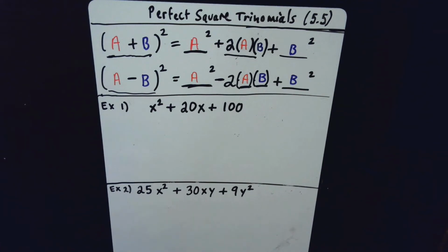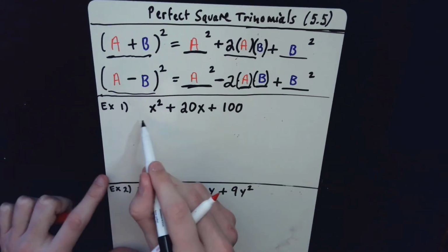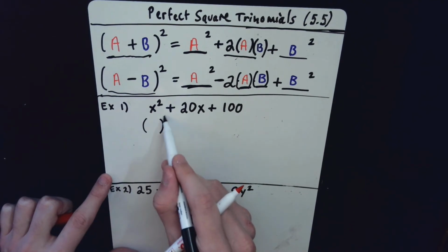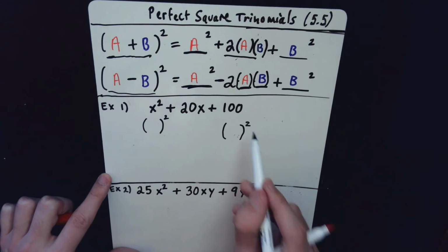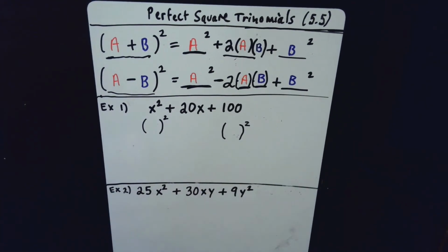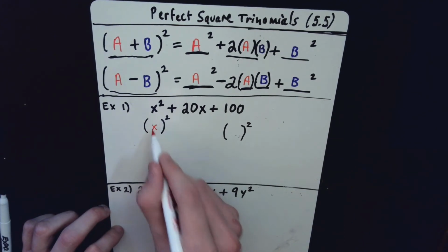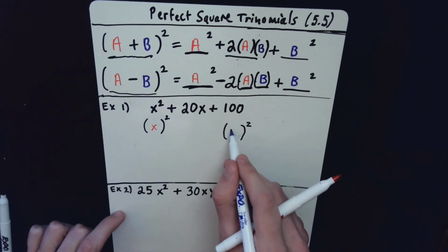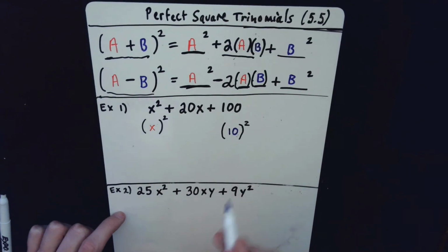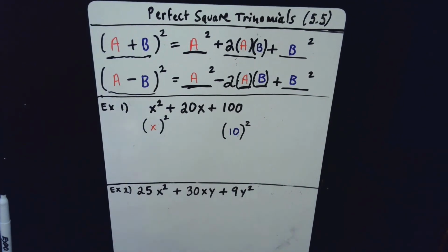First, example 1. We can see that we have something squared here and something squared here. So that's a good start. And the something that gets squared here is just x. And for the right term, for 100, that would be 10 squared. So notice we haven't really done much other than just rewrite how it already looks.